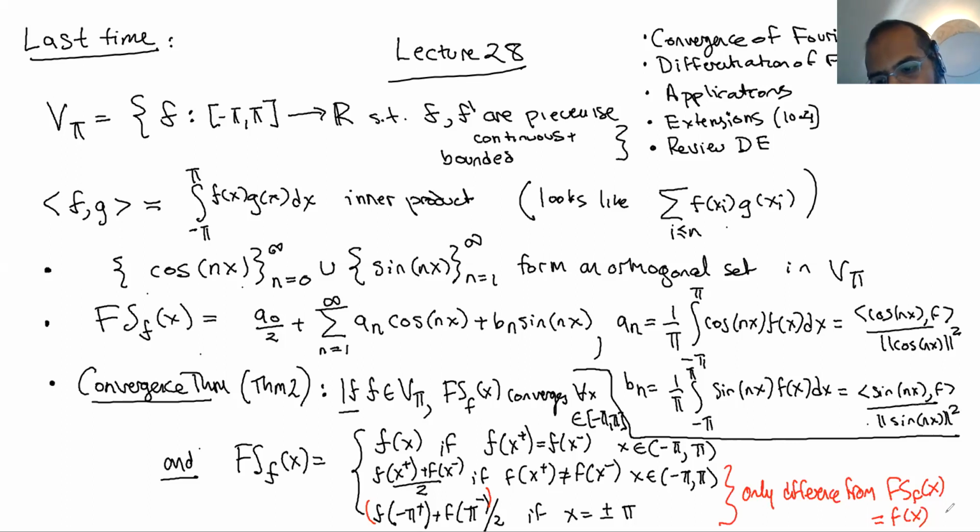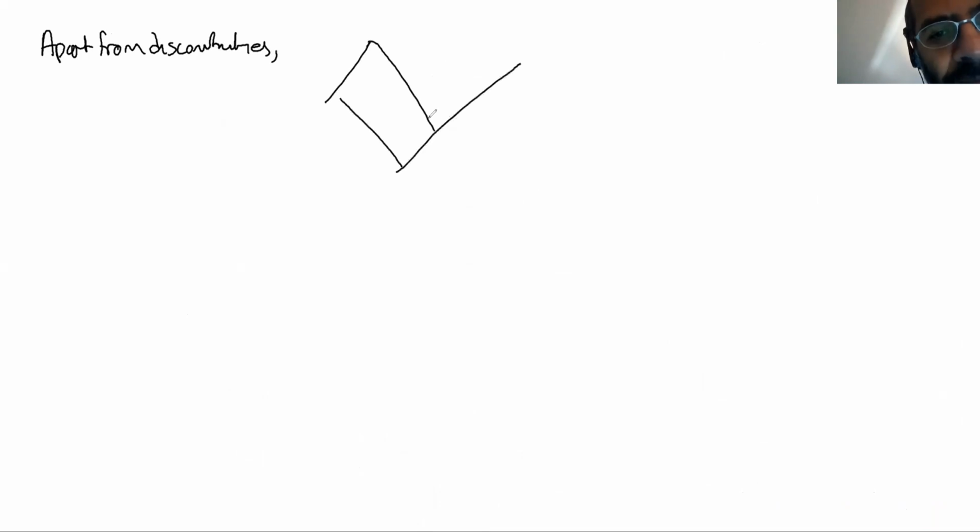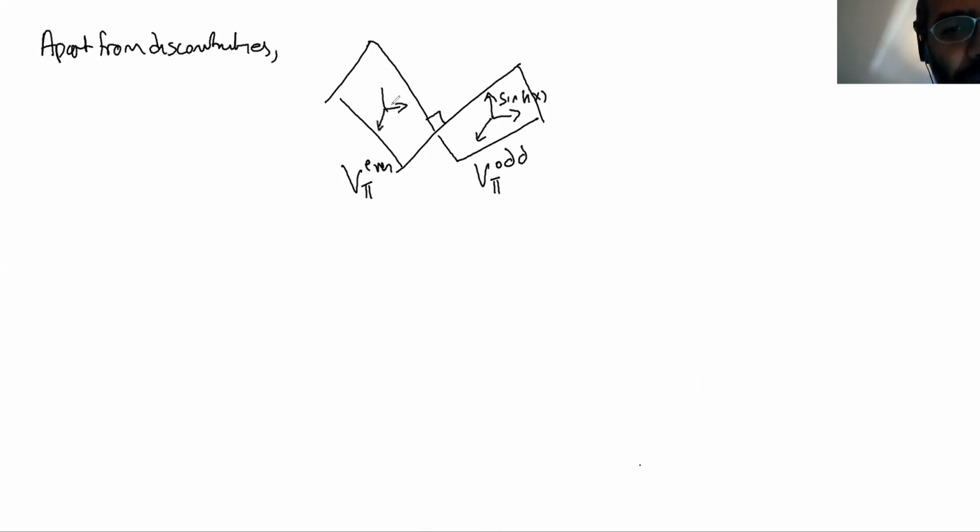The convergence theorem has a few little technicalities, which are important, but ignoring them for the moment, the theorem is really just saying this is exactly what you would get if you had an infinite orthonormal basis. What it's saying is you really have this picture: these two orthogonal subspaces of even and odd functions. In here you have the sines, in here you have the cosines.